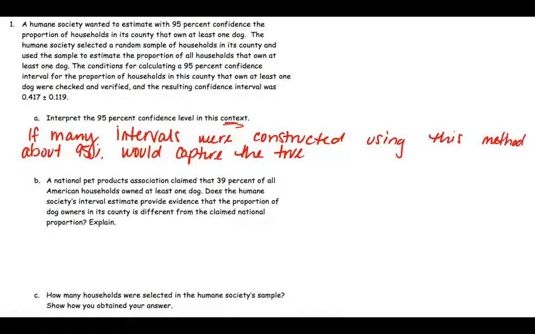But I want to make sure that it's in context. So I would say it would capture the true proportion or the population proportion of households that own at least one dog.